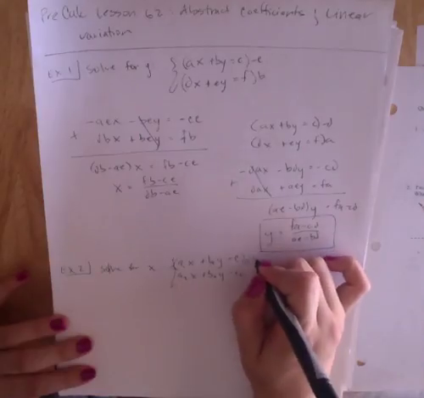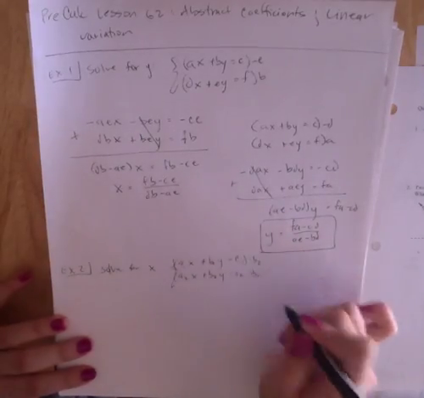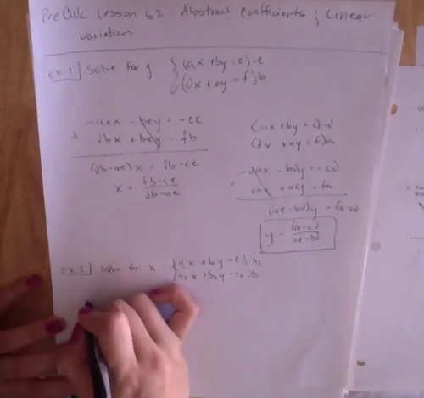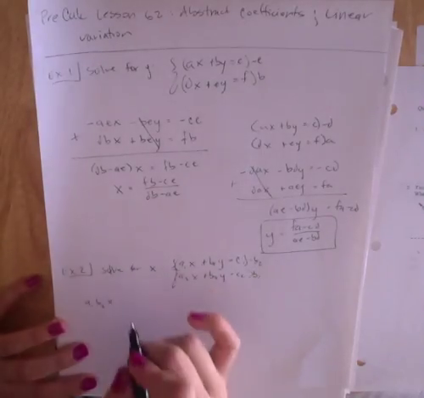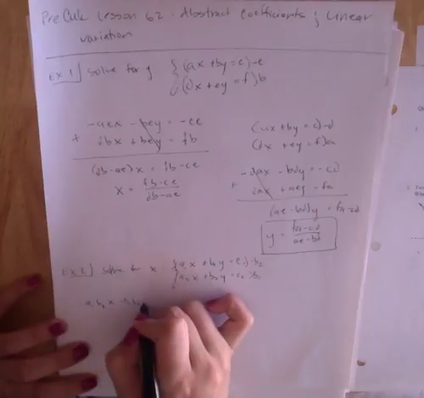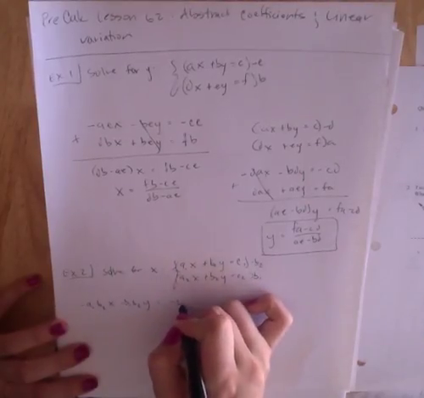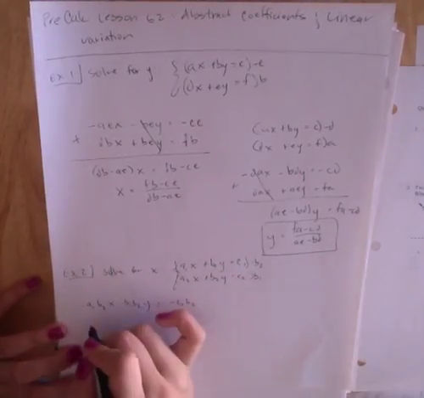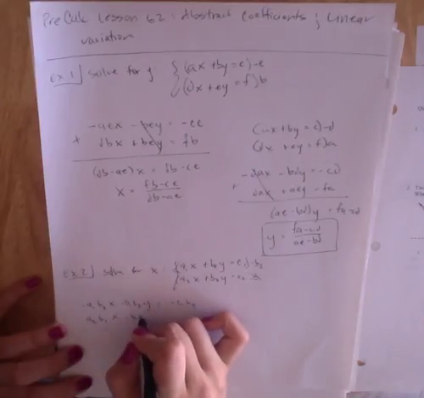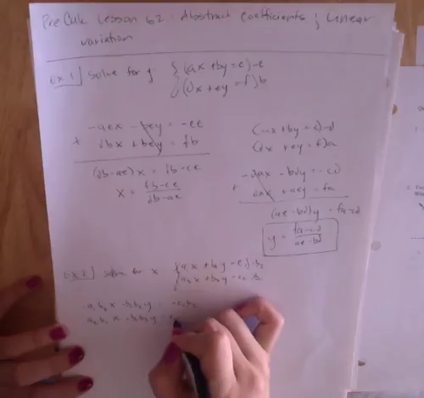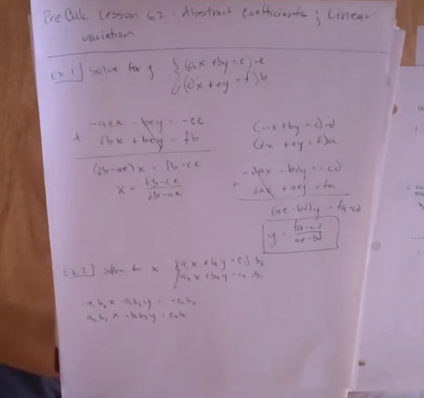So I'm going to multiply this top equation by minus b2 and this bottom equation by b1. So I'll have minus a1 b2x minus b1 b2y equals minus c1 b2. And I will have a2 b1x plus b1 b2y equals c2 b1.